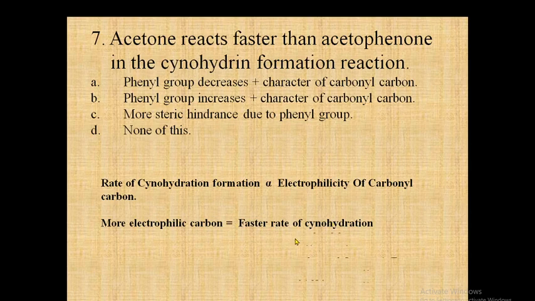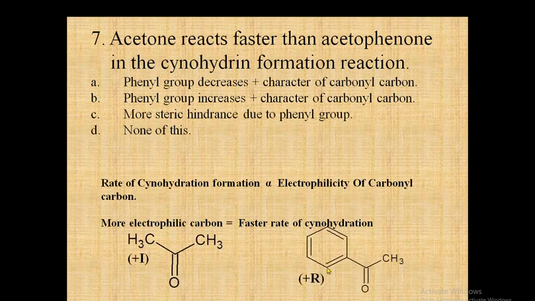So let's see the structure of both acetone and acetophenone. Here in acetone, the methyl groups exert a plus I effect, which decreases the electrophilicity. In acetophenone, the methyl group shows the plus I effect, but the phenyl group shows the plus R effect. The resonance effect is predominant over the inductive effect.